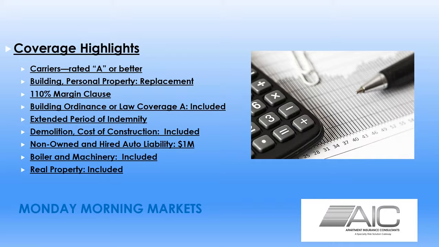Got it. Okay. Non-owned and hired auto liability. What's that? $1 million. So if you have cars or golf carts, which is a big thing for apartment complexes, on property and you use them in the course of business, it's covered up to $1 million.